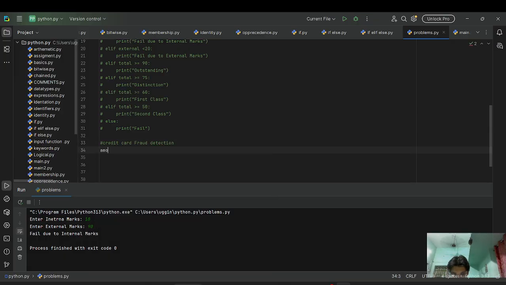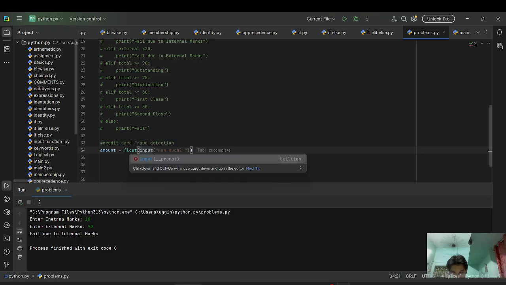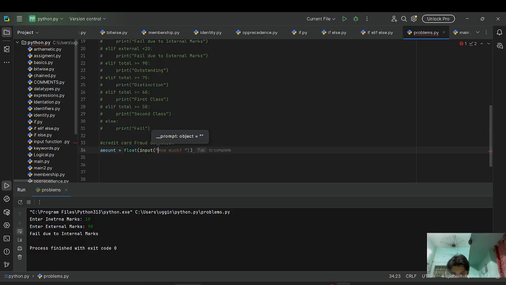So suppose amount equal to, let's take in float type, transaction amount.